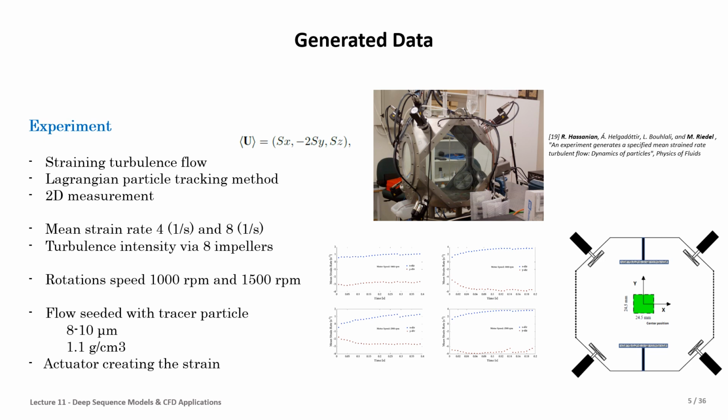As you can see in this slide, in this experiment there is a tank with 8 impellers rotating. They are in the corners, and with this rotation they generate the turbulence of the flow. So we have a specific turbulence intensity depending on the speed of these impellers.